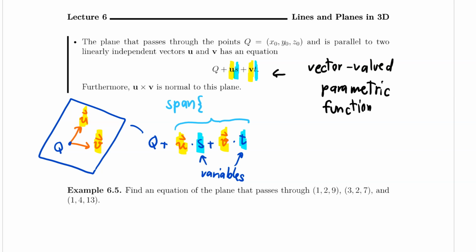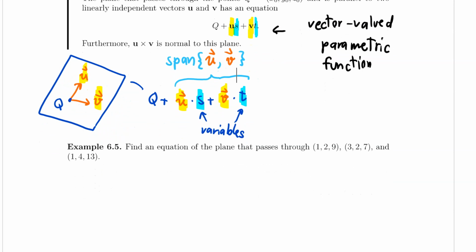So it's just some linear combination of u and v. And that makes sense because linear combinations of u and v, something times u plus something times v, are basically vectors that will go on in this blue plane here. So now let me do this example down here.